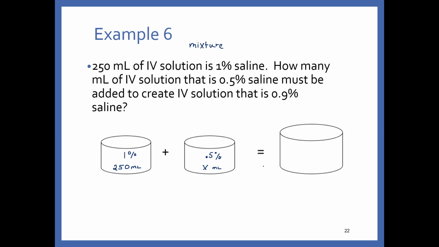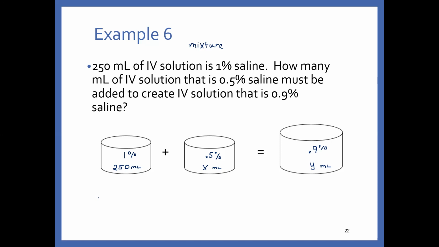And must be added to create an IV solution that is 0.9%. Well, it doesn't tell me how much I'm going to create, so I don't know how much is in this big container either. So I will put that as Y milliliters because it is an unknown item to me.